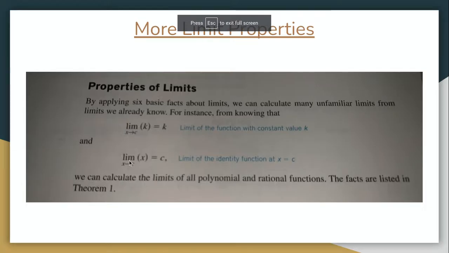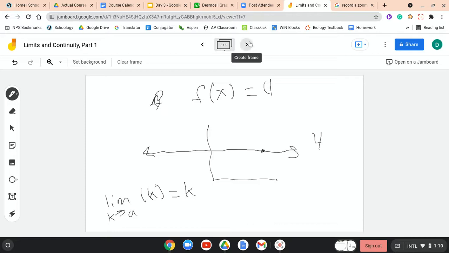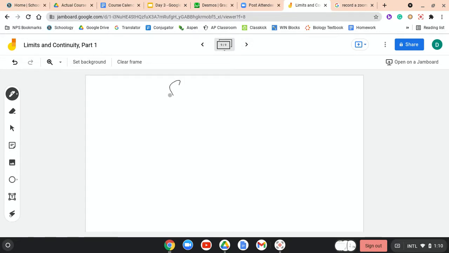Additionally, this rule is kind of dumb, but it tells you that the limit as x approaches c of x equals c. It might seem complicated at first, but all it's saying is that if we have our function f of x equals x, and we're asking what the limit of our function is as x approaches some value a, then with y equals x, whatever the value of the function is at that point, the graph is tending towards it.